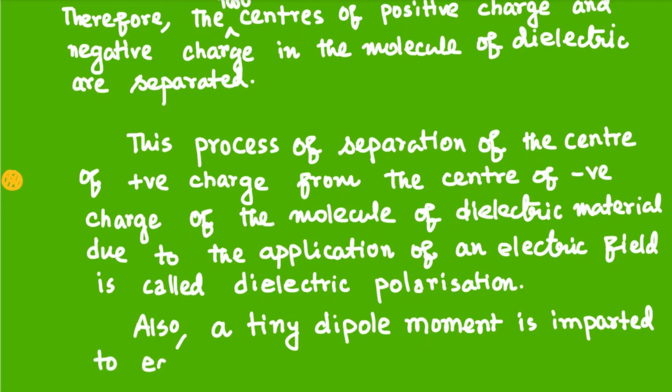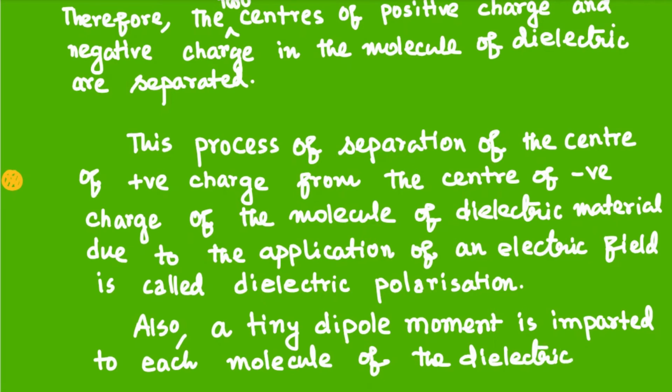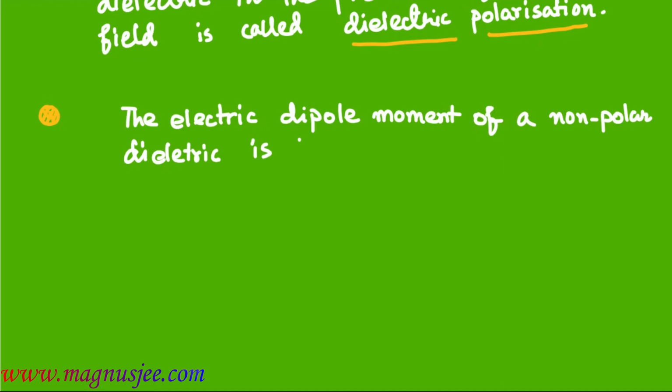A tiny dipole moment is imparted to each molecule of the dielectric material in the presence of an external electric field. The electric dipole moment of a non-polar dielectric is 0, as mentioned earlier.